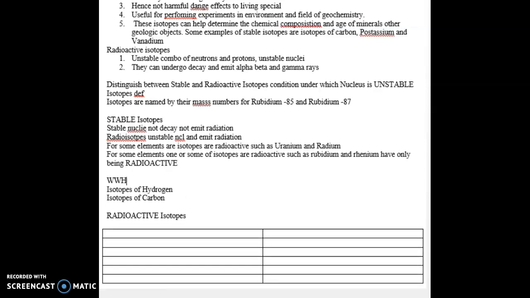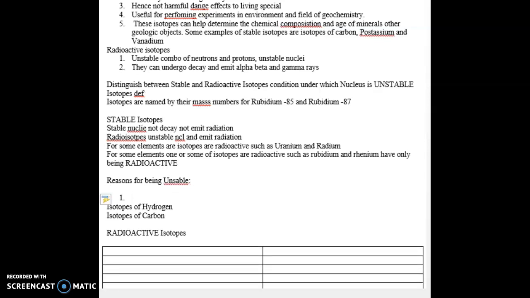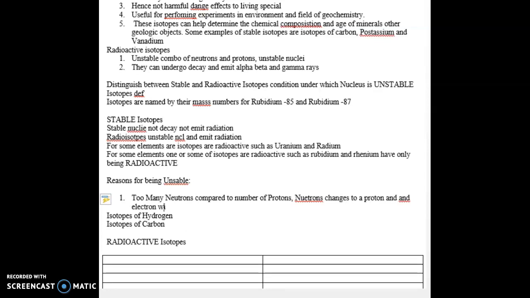Why are they radioactive? What are the reasons? So basically the first reason is too many neutrons compared to the number of protons.